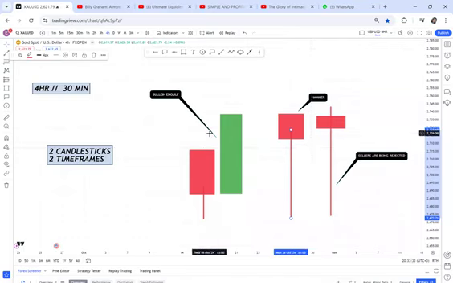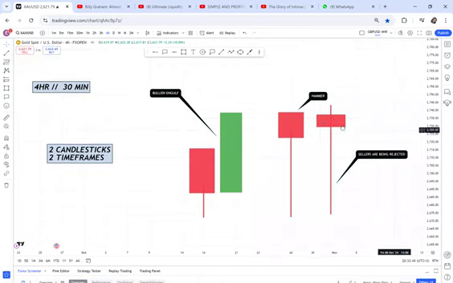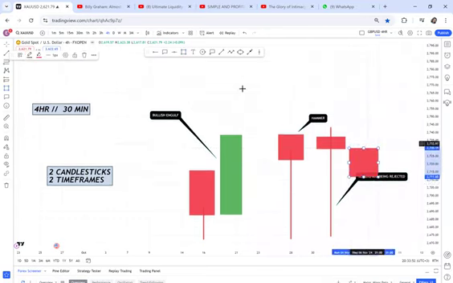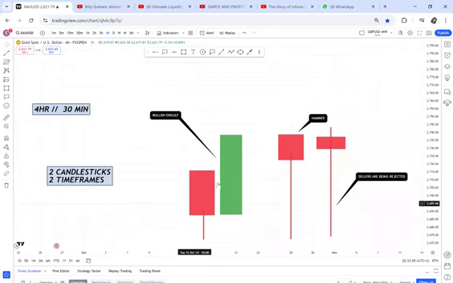But the bullish engulf is stronger because the first one has only told us what has happened. The hammer tells us sellers have been rejected, but we don't know what happens next, because sometimes sellers get rejected and can still attempt to push the market down. So the hammer is not as strong as the bullish engulf.